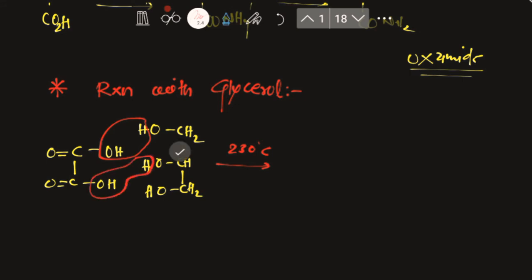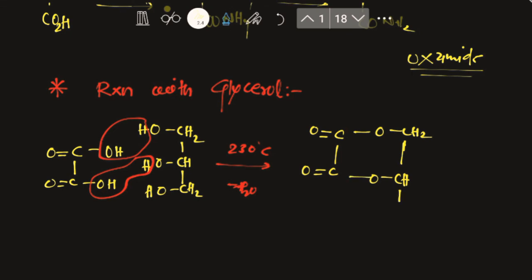In that case, two equivalents of water will be eliminated, and this results in the formation of a specific compound. Look at this one. This will be a CO, this will be a CO, and the remaining is O, CH2, and this will be a CHO, and here CH2OH.